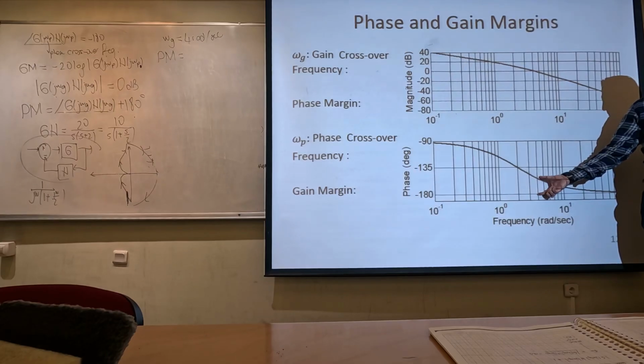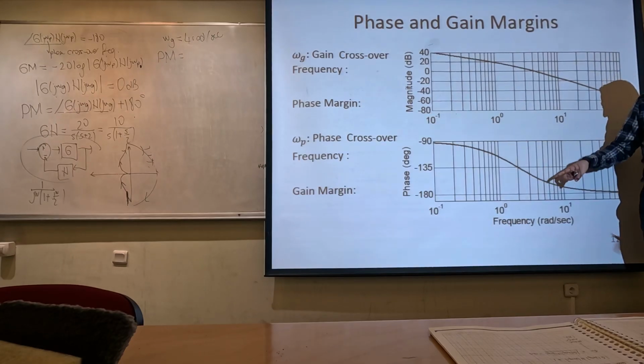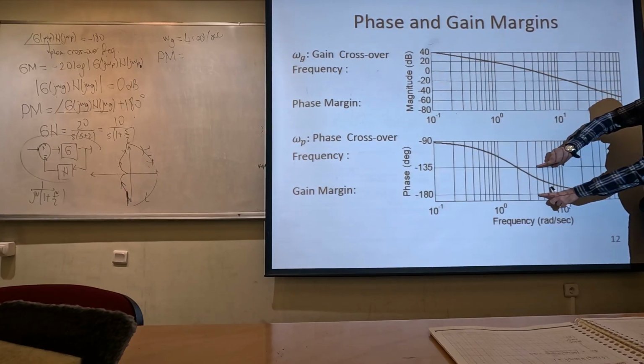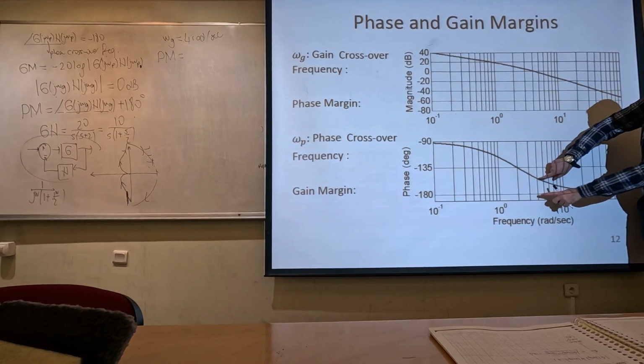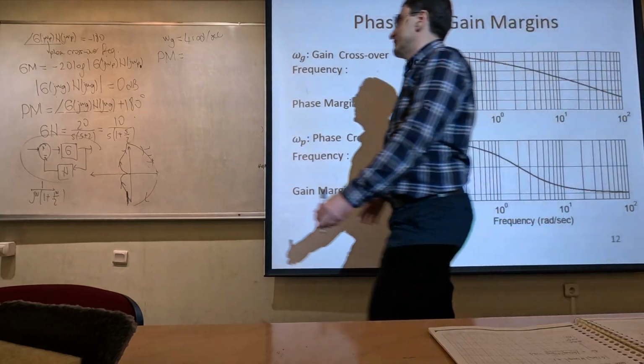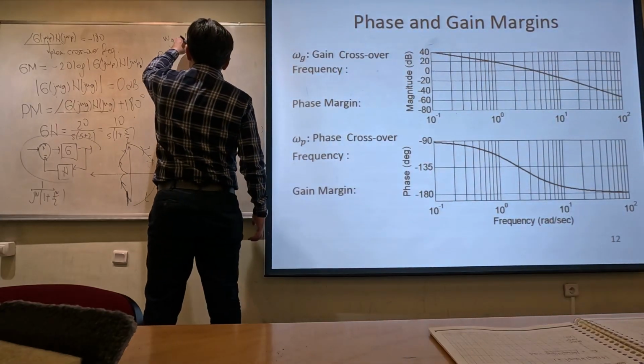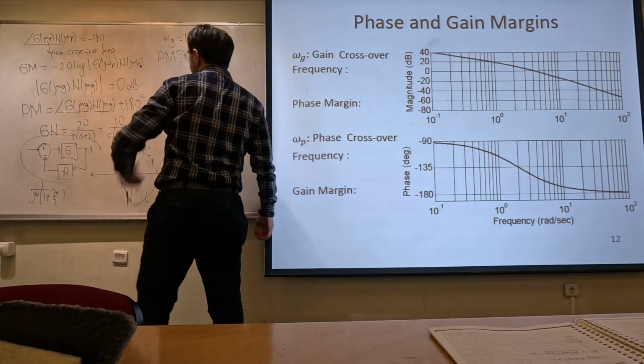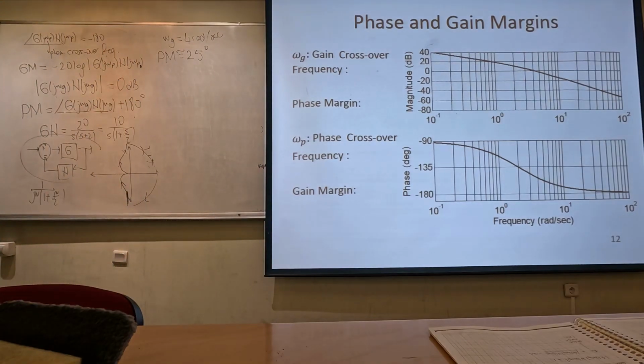Okay? Approximately how much is this distance? This overall distance is 45. Okay? So this is approximately 30. It is something like 30, between 25 and 30. Let me say 20 to approximately 25 degrees. Okay? So this is my phase margin. And it is, in this case, positive or negative?